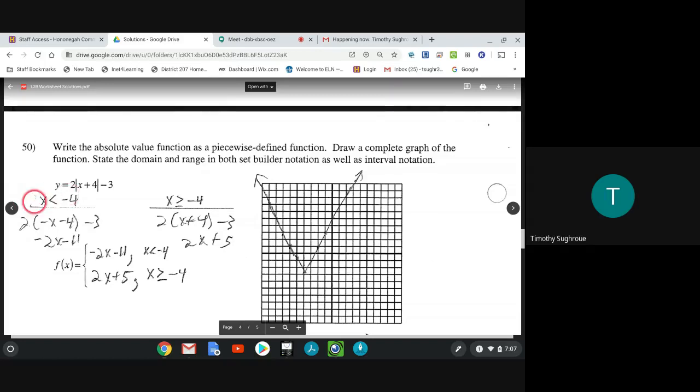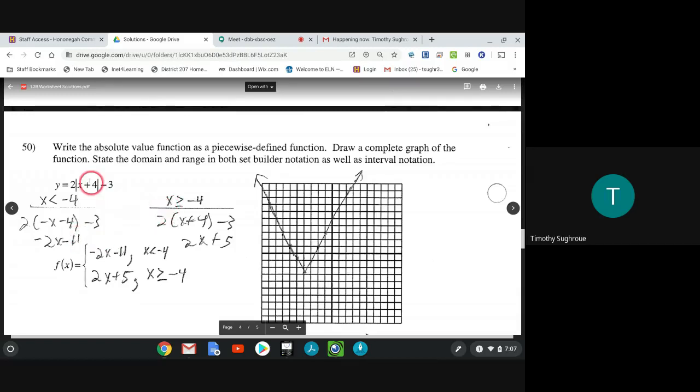So any number that is less than -4 will produce a negative number inside these bars. So I have to negate what's inside the bars when x is less than -4. That's why I have negated each term inside the absolute value bars to eliminate the absolute value bars. I distribute the 2, collect like terms. -8 minus 3 is -11.